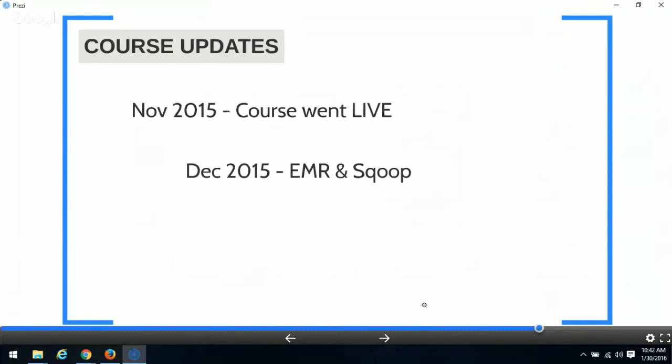Sqoop can help move the data from a relational database system like MySQL, Oracle, or SQL Server, traditional RDBMS tools, into HDFS/Hadoop. It can also do the other way around. It can push data from HDFS back into traditional databases. So that is December 2015.